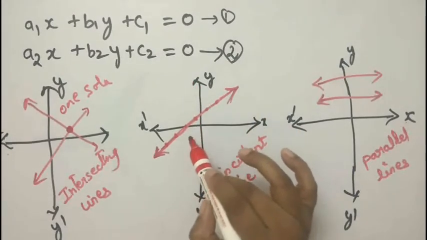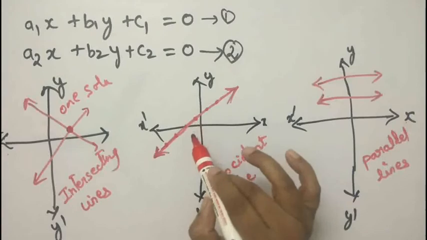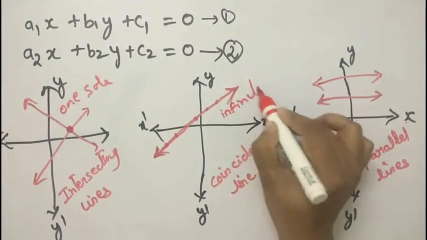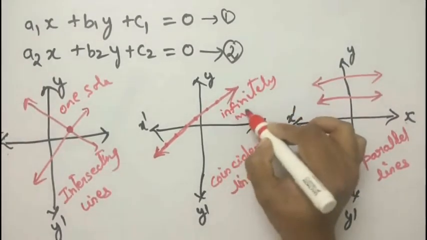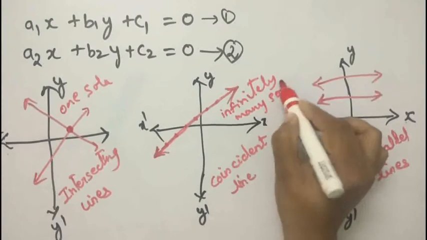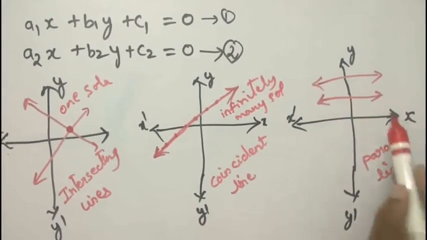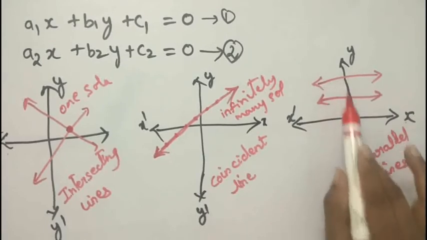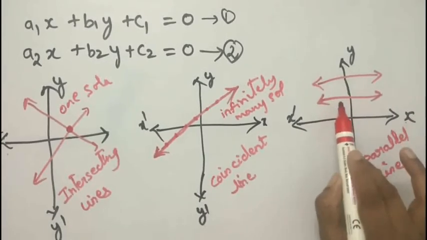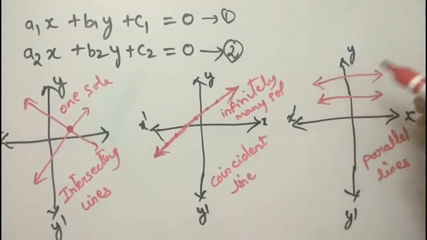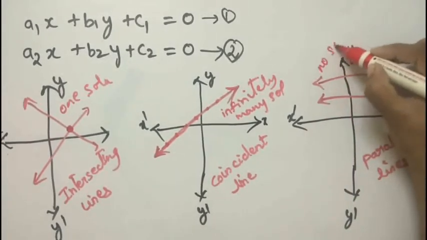So for this pair of linear equations in two variables, you will have infinitely many solutions. In case of parallel lines, if you observe, there is no common point for these two lines. So there is no solution for parallel lines. Parallel lines have no solution.